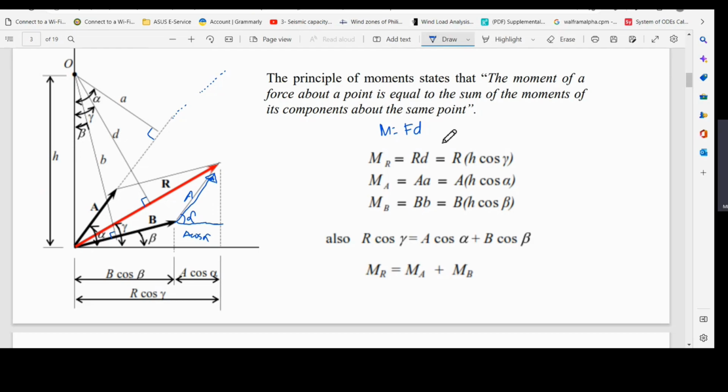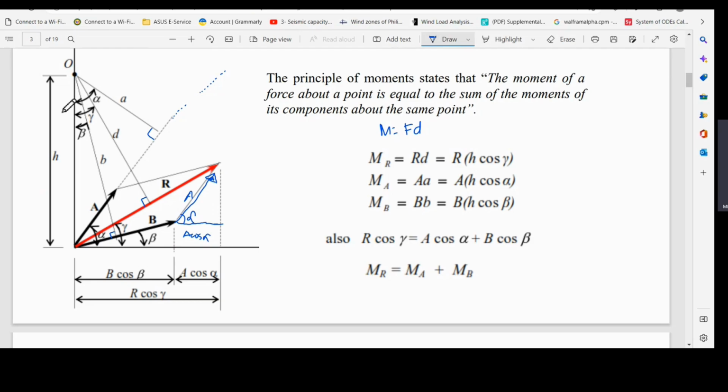We have D. So we have here RD, or we can express it here in terms of H and gamma. So we have here H cosine gamma. The D here is H cosine of gamma. Okay? And gamma.